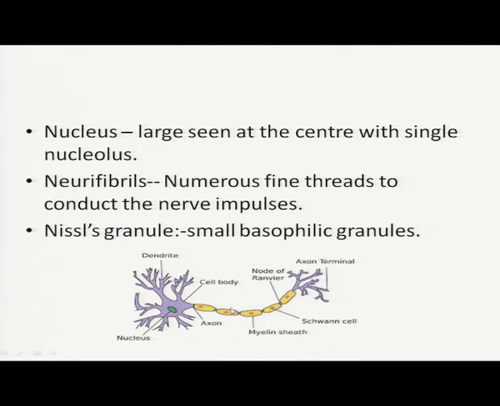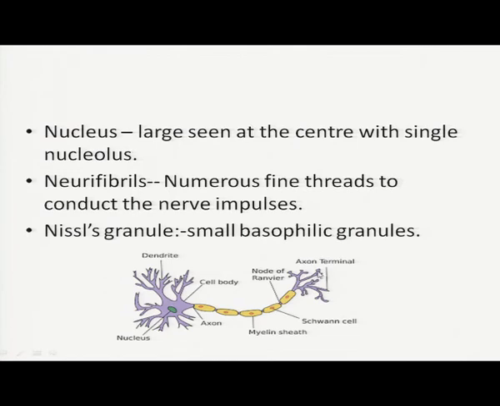And this whole axon, in some of the neurons, is covered by a fatty sheath, known as myelin sheath. And this myelin sheath is made up of cells called Schwann cells.